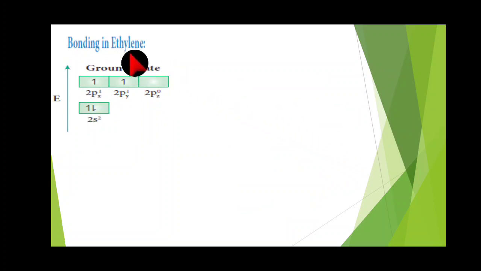Now bonding in ethylene. So ethylene structure we have known, CH2 double bond CH2. At the middle we can find a double bond, one is a sigma bond, another one is a pi bond, right? Okay, now the carbon electronic configuration, outermost orbit 2s2, 2p2, it is in ground state.